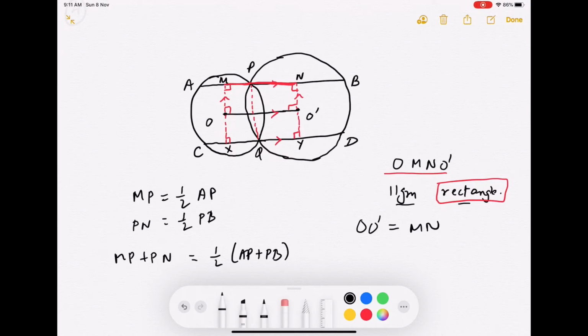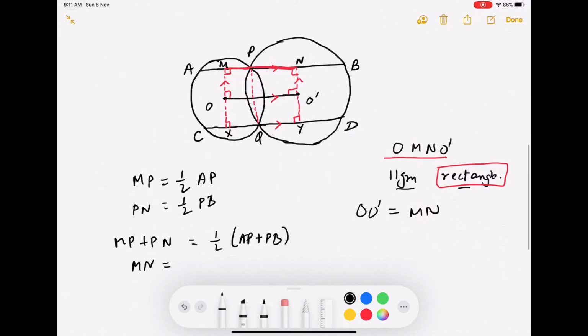Now, MP plus PN gives me MN, and that is actually equal to half of AP plus PB. Now AP plus PB is half of AB, right, from the figure.